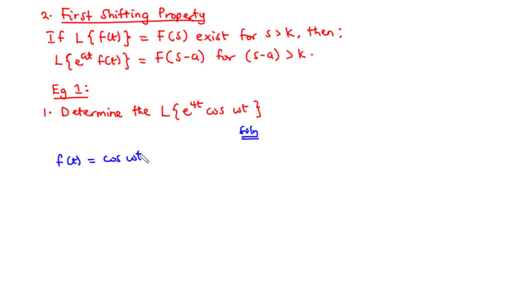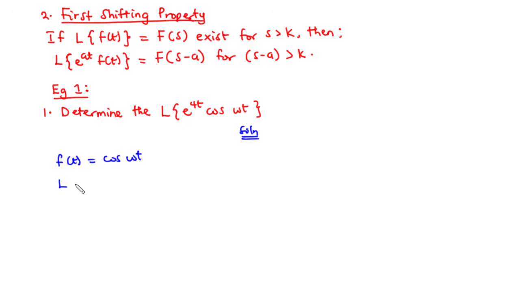Now whenever you have the Laplace transform of a function where the function contains e to the power at times f of t, so long as you have f of t being multiplied by e to the power at, the first thing we are going to do is to find the Laplace transform of f of t. So for this given function, let's find the Laplace transform of f of t.